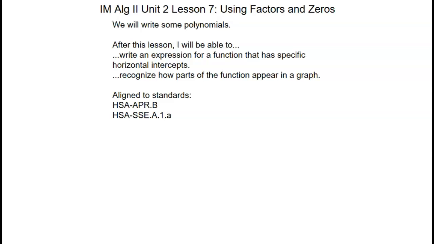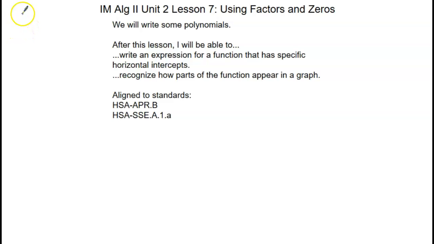If you think back to section number 5 that we started with, it was all about how many x-intercepts there are and using those factors to figure that out, and then also thinking about how the number of factors determines what your degree is and how your degree determines what shape your graph is.